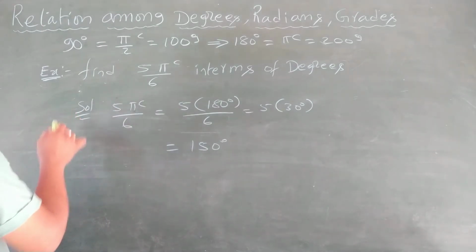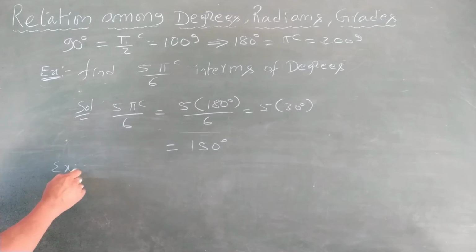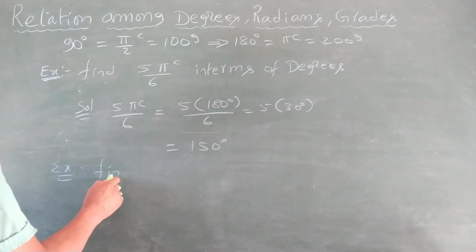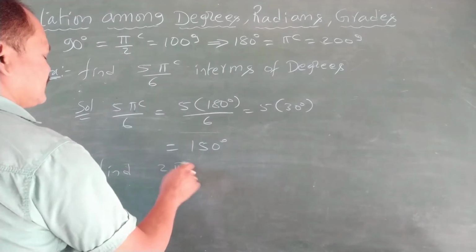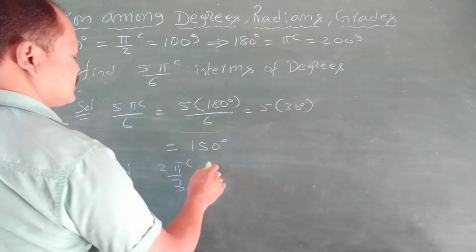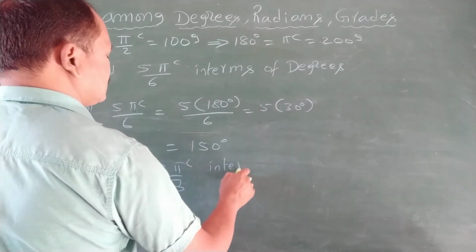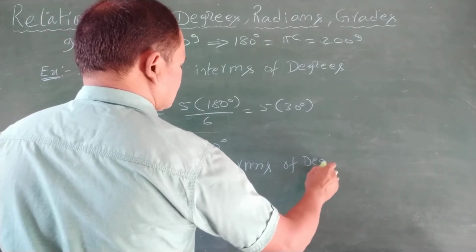One more example: find 2 pi by 3 radians in terms of degrees.